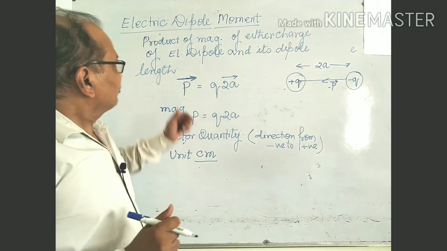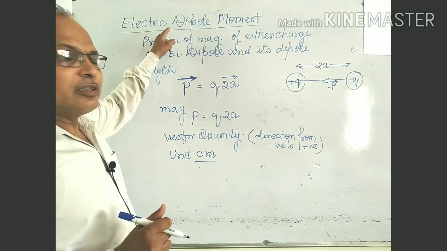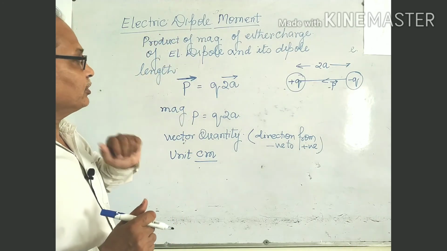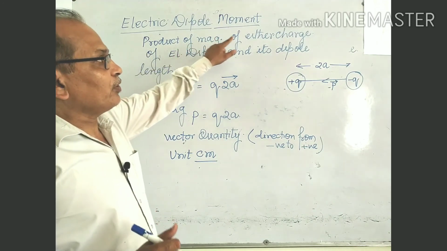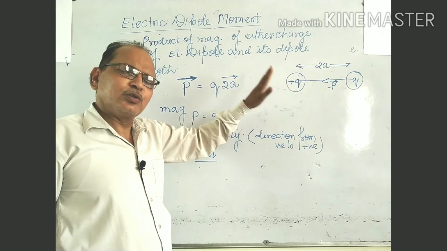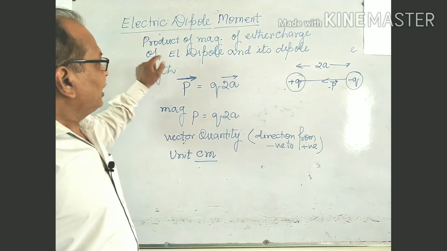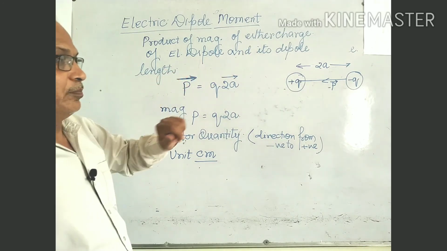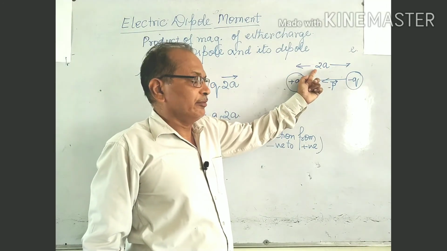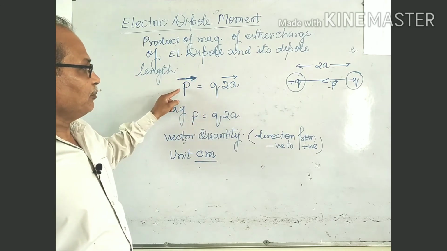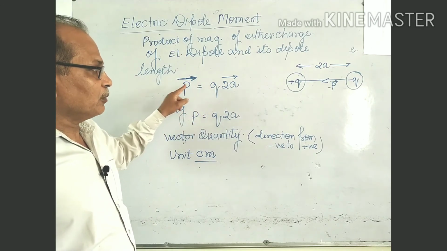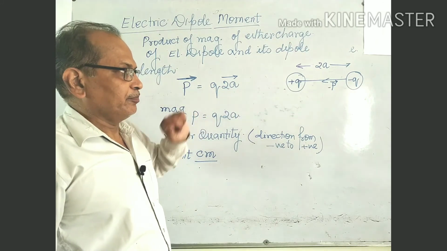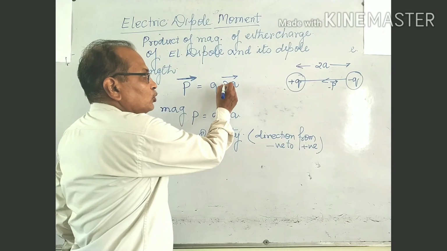After electric dipole, now we will study the electric dipole moment. What is the electric dipole moment? It is the product of the magnitude of either charge, any one charge because both charges are equal, and the dipole length. Here the dipole length is 2a. Therefore, the dipole moment is the product of either charge q and 2a.